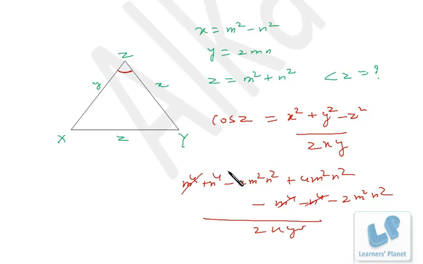Now everything is getting cancelled. That means cos z is 0.